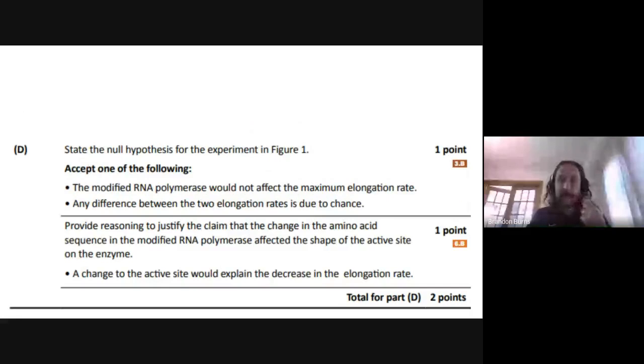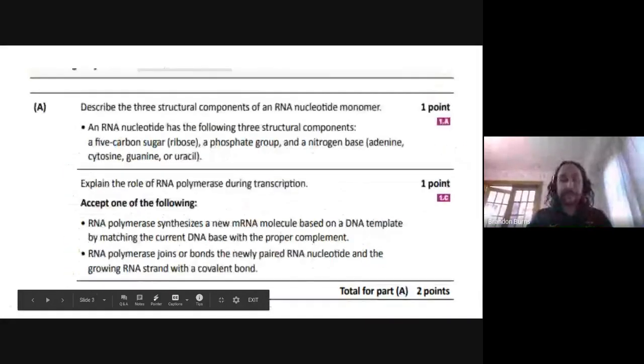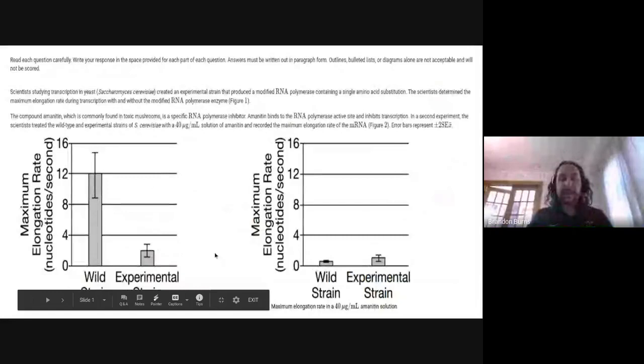Okay, question D, state the null hypothesis for the experiment in figure 1. So we've done null hypothesis throughout this year. Essentially, it's saying that the independent variable does not affect the dependent variable, but you have to do it for figure 1, okay? So in this one, what is our independent and dependent variable?